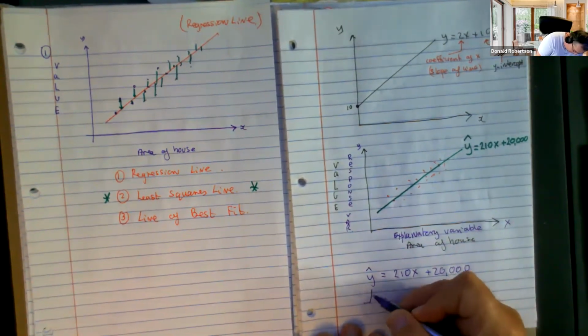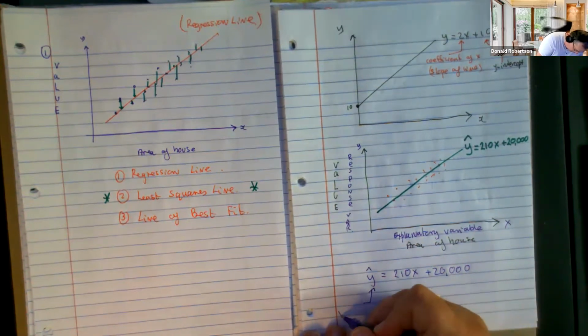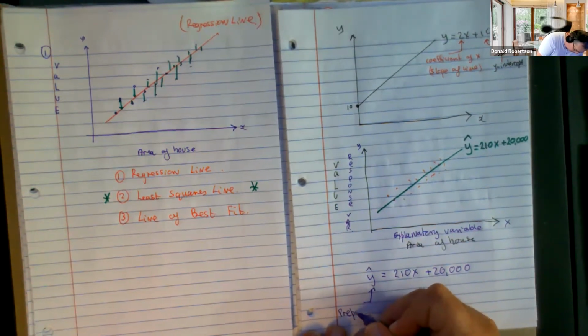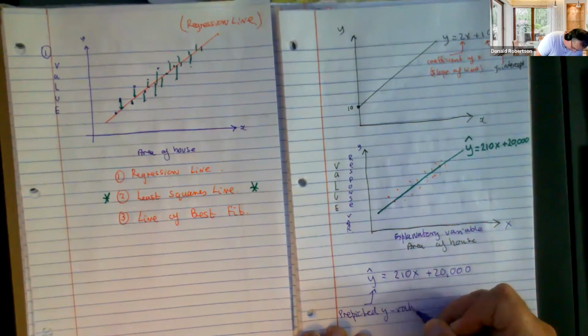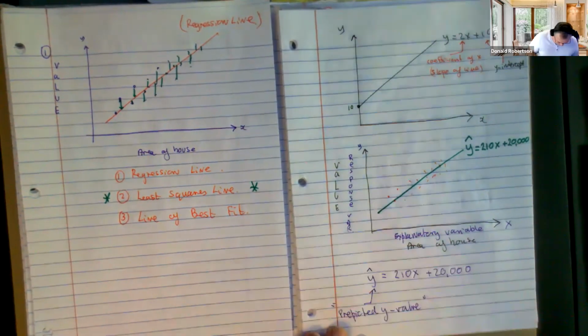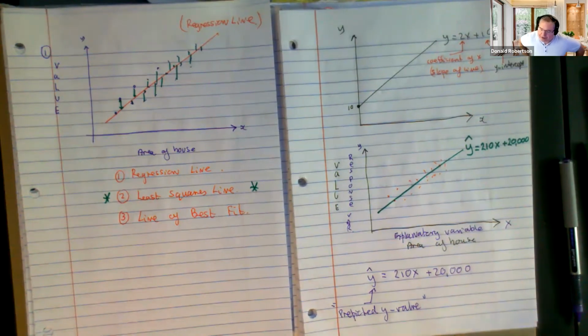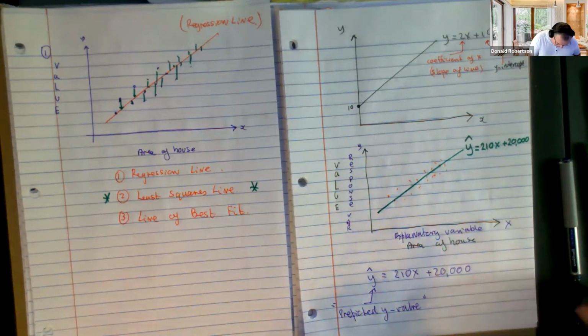And you read that guy not as the Y value, you read it as the predicted Y value. So the predicted Y value, in this case, the predicted value of the house for any given square footage.